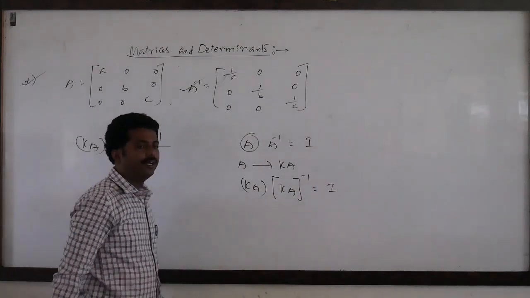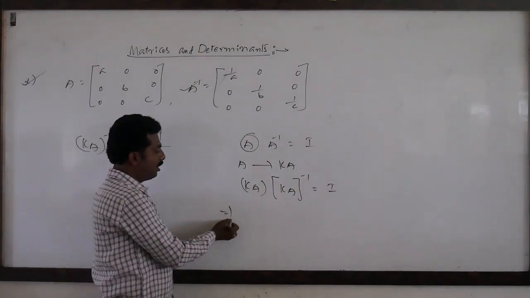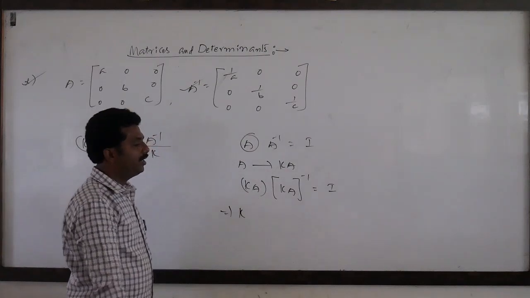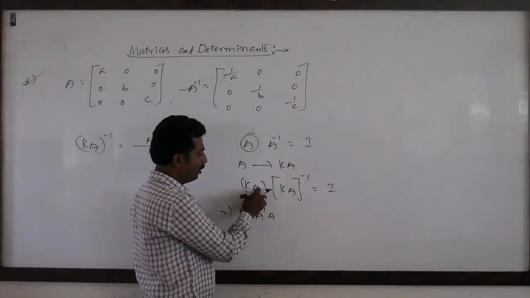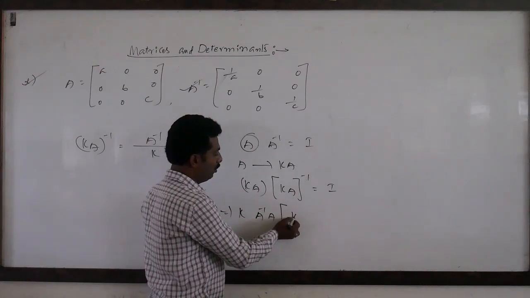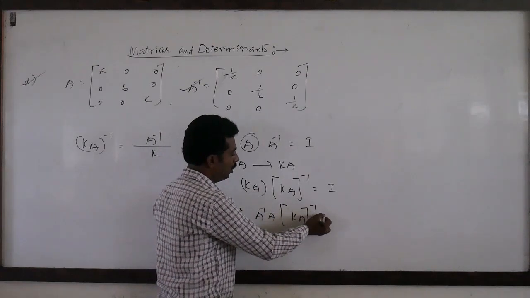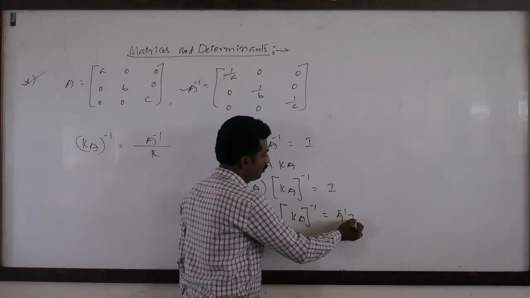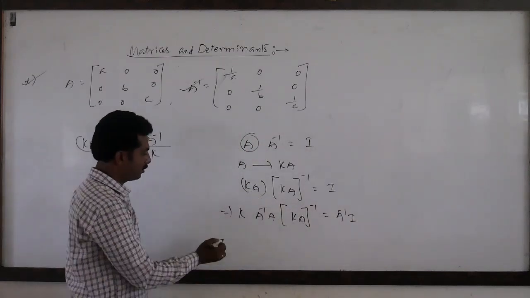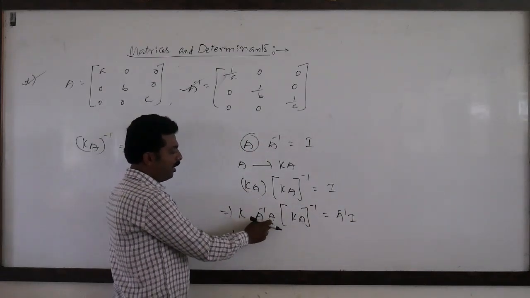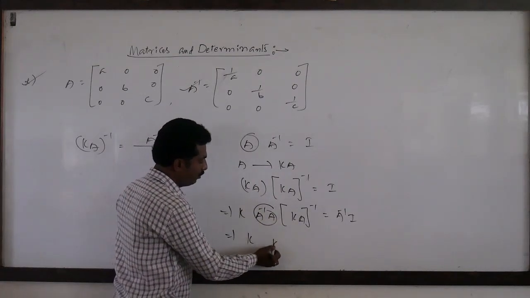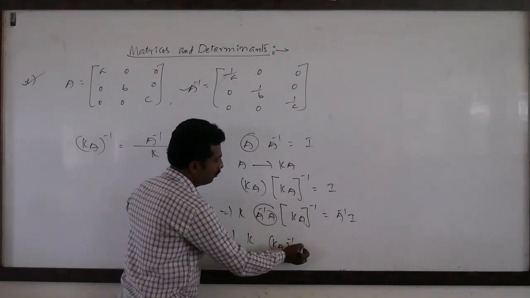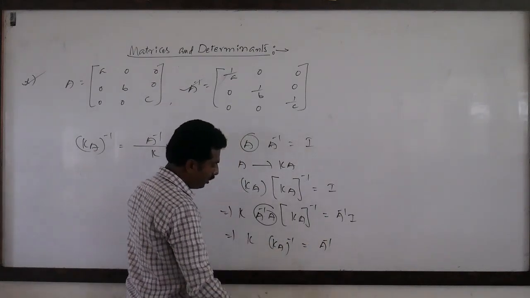Nothing but identity matrix. Just operating both sides with A inverse. So A inverse into A into kA whole inverse equal to A inverse into identity matrix. So A inverse A means identity. Identity into this matrix means k into kA whole inverse equal to A inverse.